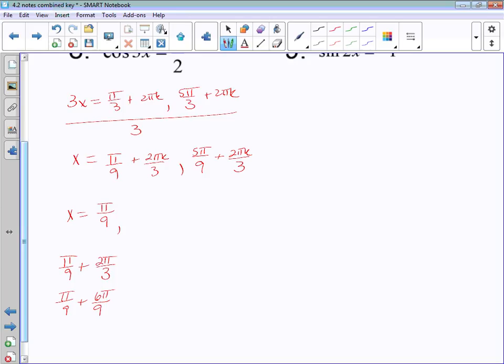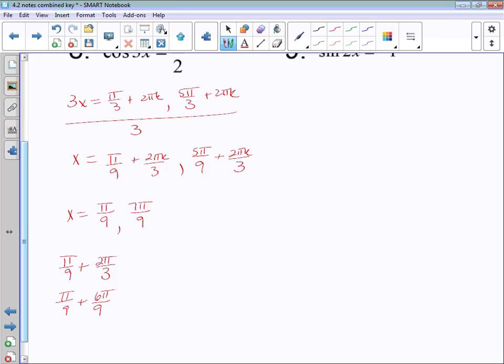So what do I get? 7 pi over 9. The top 6? Oh, for this problem, yes. It won't always be 6 pi. So I found a common denominator, so I want to turn this into a 9.